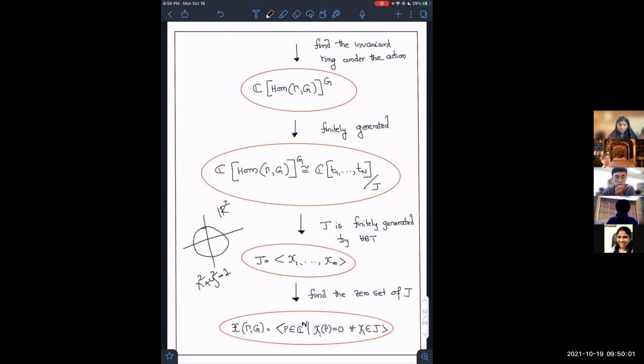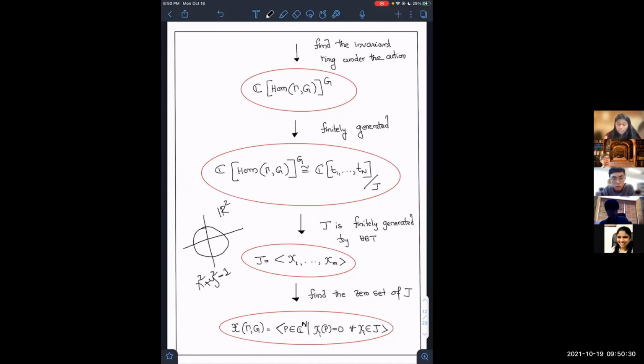But it also makes sense to look at the integer points, or integer solutions, of this. In the same way, when the coefficients make sense, we can also look at the zero sets over a different field, or even a different ring, such as finite fields.